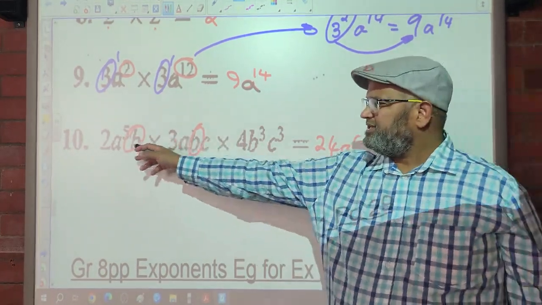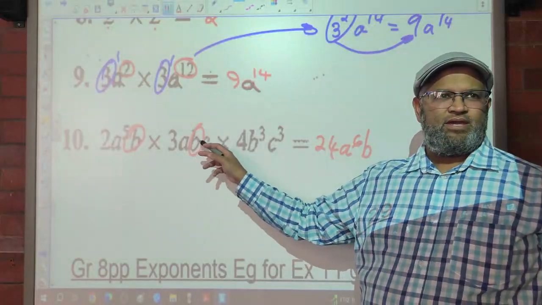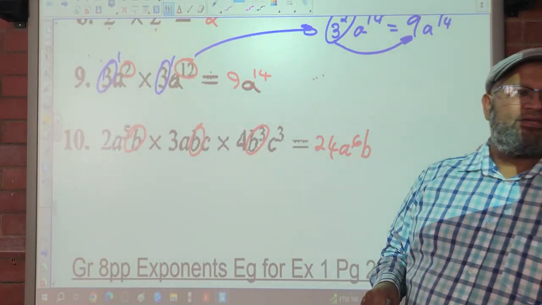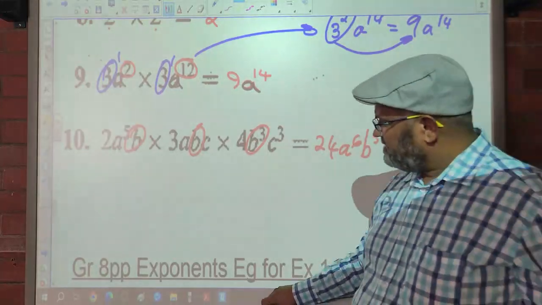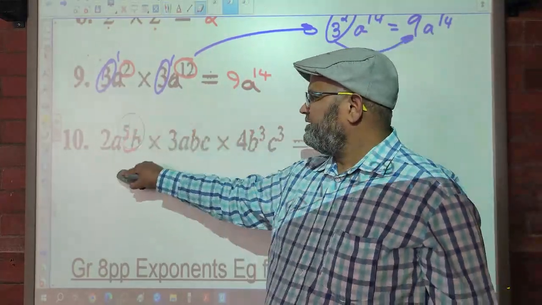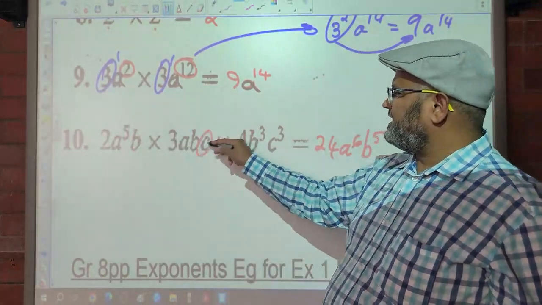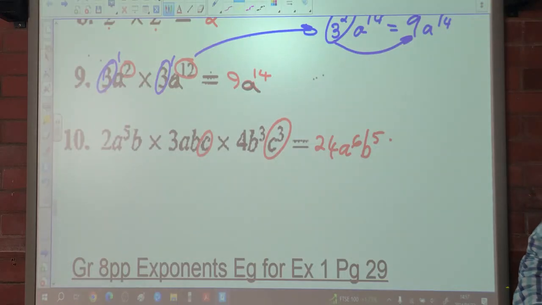B squared. And b squared times b cubed is b to the 5. And then c times c cubed is c to the 4.